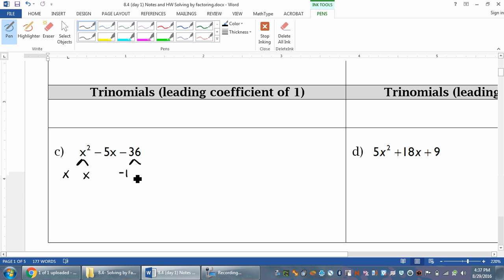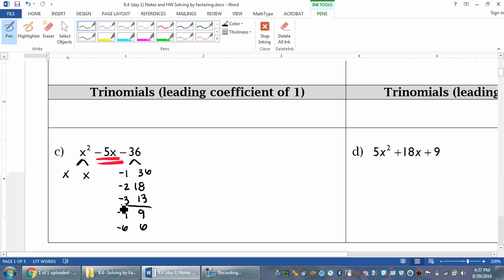So let's start. Negative 1 and 36. Negative 2 and 18. Negative 3 and 12, negative 4 and 9, negative 6 and 6. Now, out of all these combinations, we're trying to figure out which combination adds to negative 5.